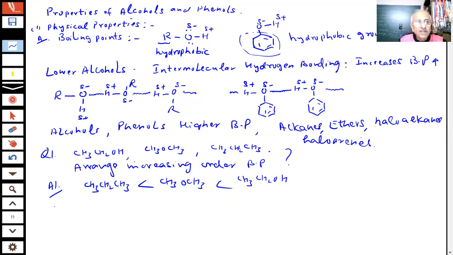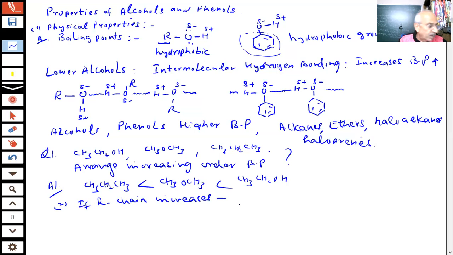One more trend could be there within the alcohols. When the number of carbons increases, or the R chain increases, what will happen to the boiling points?